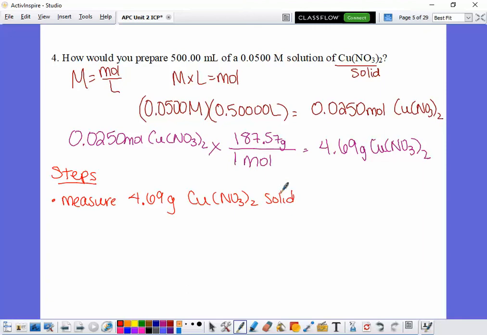Okay? So we measure out the mass, 4.69 grams of copper 2 nitrate solid, and then we would put that into the appropriately sized volumetric flask. What size volumetric flask do you think we're going to use? So we have 500 milliliters. We would put it into a 500 milliliter volumetric flask, because that's the exact volume we're making.